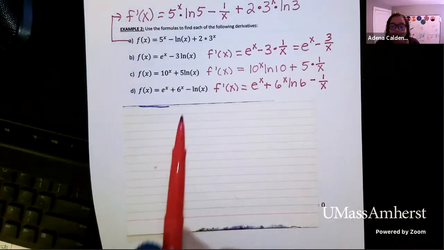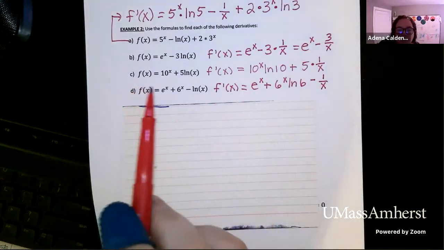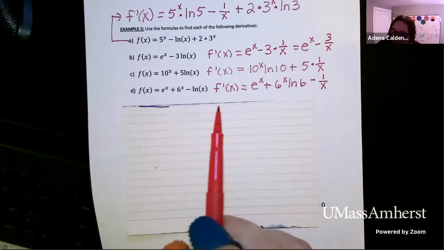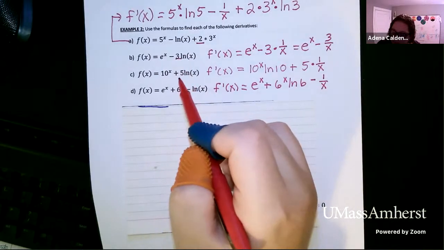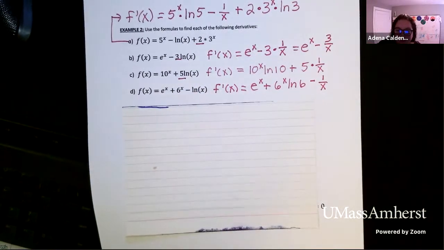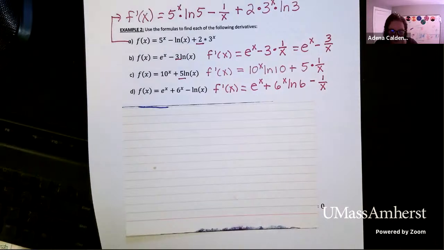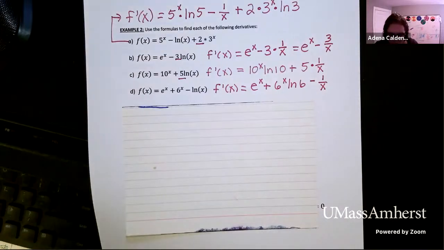Okay, so again, we're going term by term as we go through, separated by addition and subtraction. If there's a constant out front, like there was in these cases, that constant has to multiply the derivative. So this example used the constant multiple rule as well as the addition and subtraction.